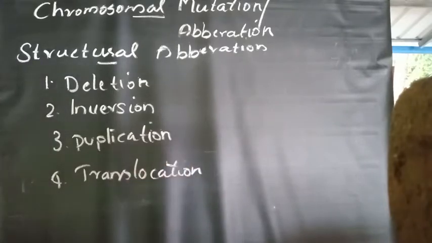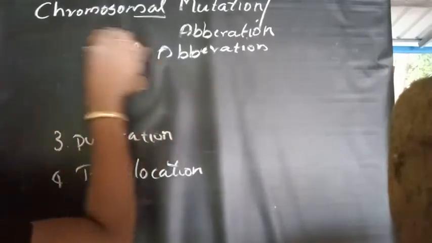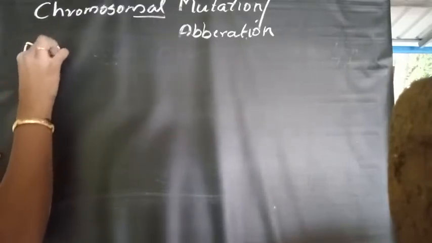So structural aberrations are of 4 types: deletion, inversion, duplication, translocation. Then, what is deletion? In structural aberration, the entire structure of the chromosomes will be changed.